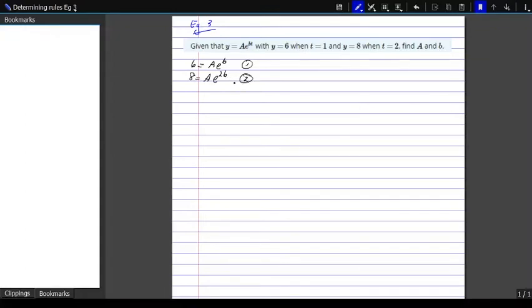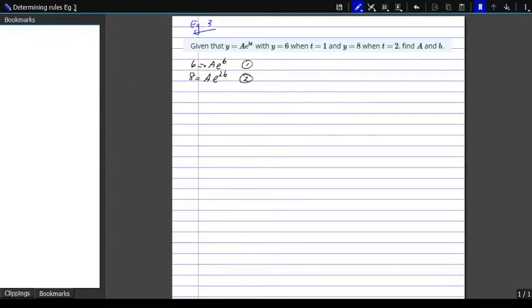Okay, now what can we do to solve this kind of simultaneous equation? We're familiar with the substitution method, we're familiar with the elimination method. Normally the elimination method we'd use either by adding or subtracting, but we can also use an elimination method by dividing or multiplying.